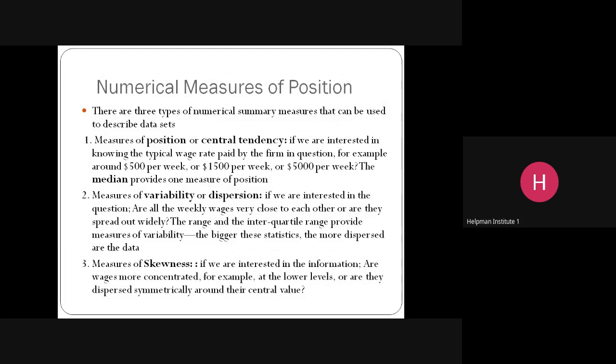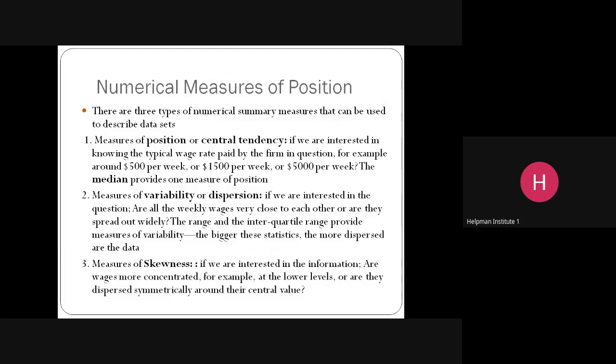If we are interested in knowing the typical rate paid by the firm in question, for instance, the average weekly pay of male or female, the most appropriate measure to use is the measure of central tendency. If we want to know the difference between the highest paid and the lowest paid weekly wage, we can use the range.